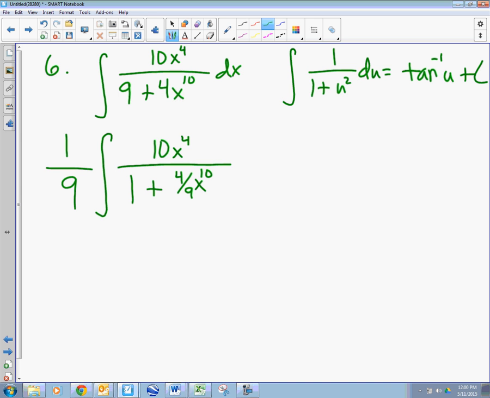Yes. What do I multiply by itself to get 4/9 x to the 10th? 2/3 x to the 5th.